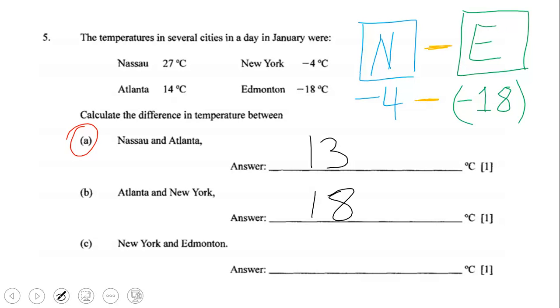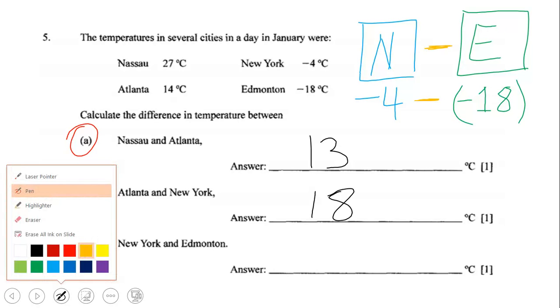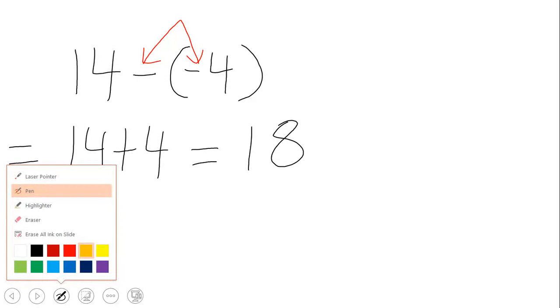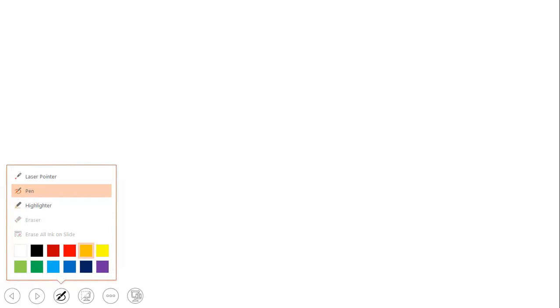So let us perform this operation. We have -4 minus -18. So we move to the next slide and we say, what is the value of -4 minus -18?